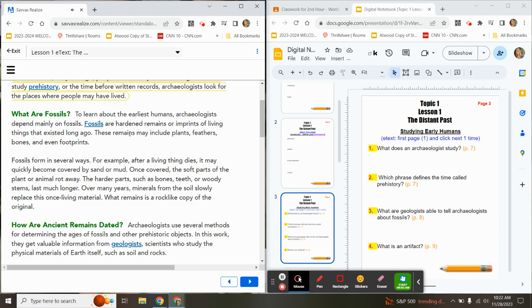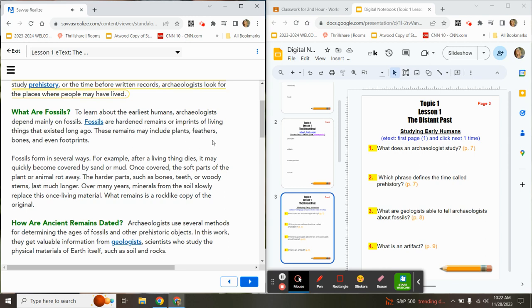For example, after a living thing dies, it may quickly become covered by sand or mud. Once covered, the soft parts of the plant or animal rot away. The harder parts, such as bones, teeth, or woody stems, last much longer. Over many years, minerals from the soil slowly replace this once living material. What remains is a rock-like copy of the original.